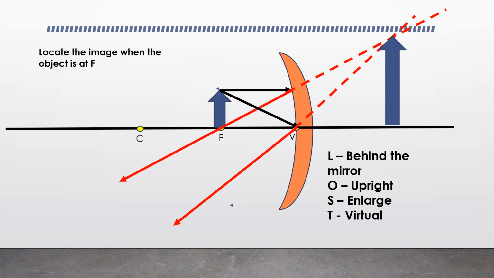The virtual image does not form on a screen because a virtual image is formed by the intersection of non-real rays. So, not the actual reflected rays. That's why it is called a virtual image. Right? Get it? Okay.